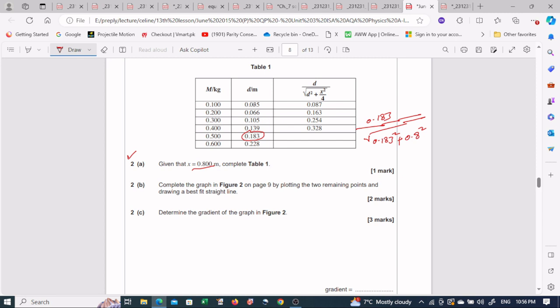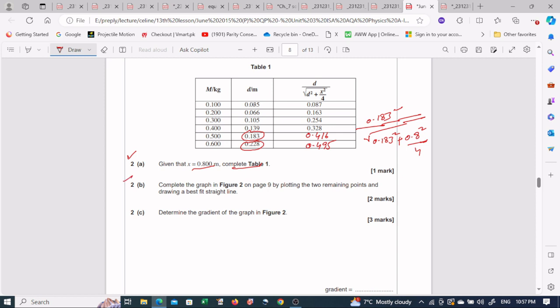We solve this and we get the answer 0.416. Similarly, when we put the value of small d as 0.228 and x as 0.8, we get the answer 0.495. So we have completed this table.